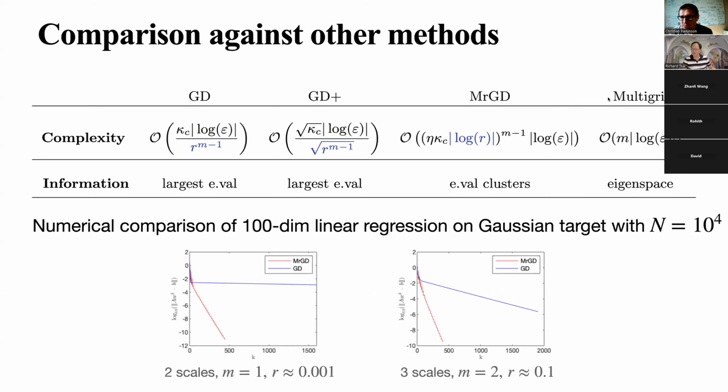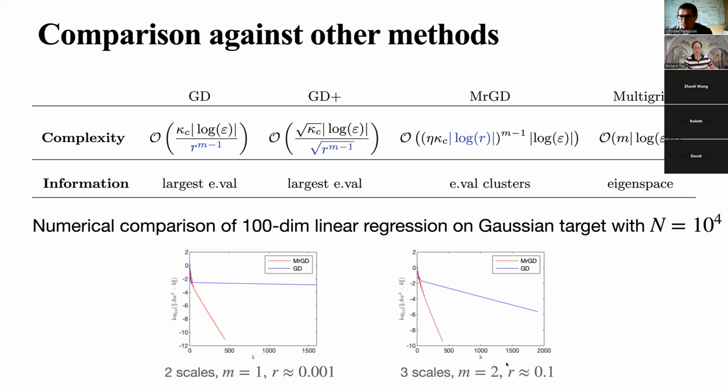If you are able to use an optimal multigrid, then the theoretical optimal thing is this. But you need a lot more information. You need the precise information about the eigenvalues to do that. Here, we're kind of in between. We assume that we know the gap and the decay rate within each eigengroup, so we call it eigenvalue clusters.